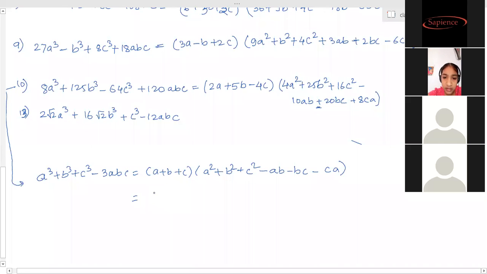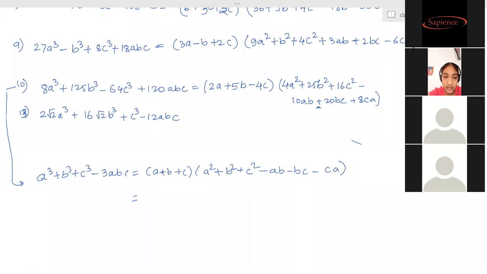2A. Why is it 2A? Ma'am, because 8A cube is 2. 8A cube is?